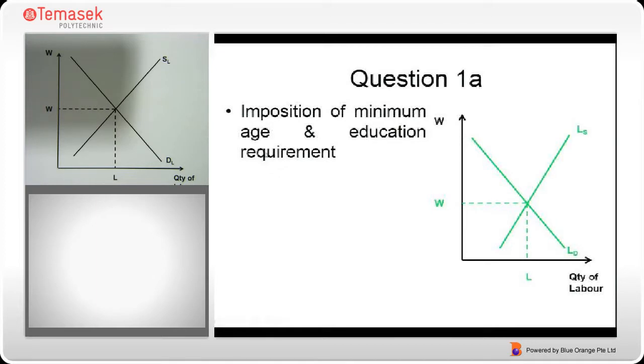With this imposition of minimum age and education requirement, essentially we are making domestic workers harder to recruit. As a result of it, the supply of workers will fall. Therefore, we will shift our supply curve to the left.